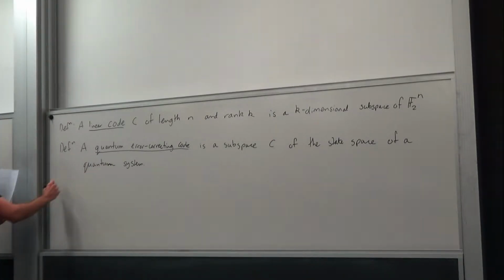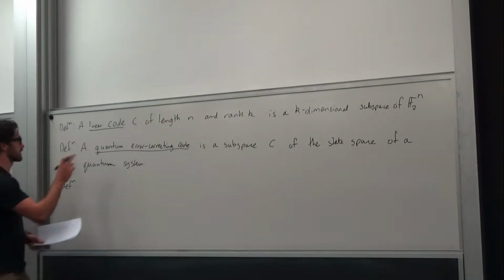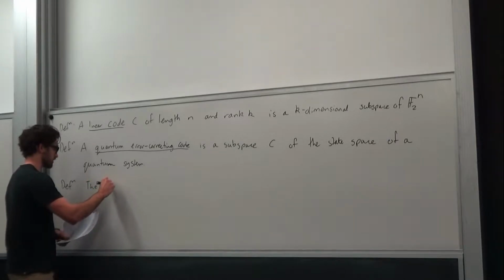I'm also going to write down just really quickly a summary of the definition of a code generator for the linear code. So we had the notion of the code generator matrix.